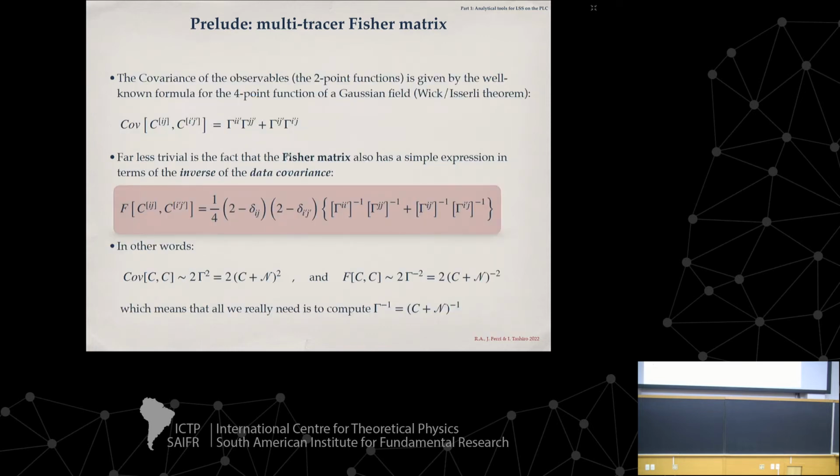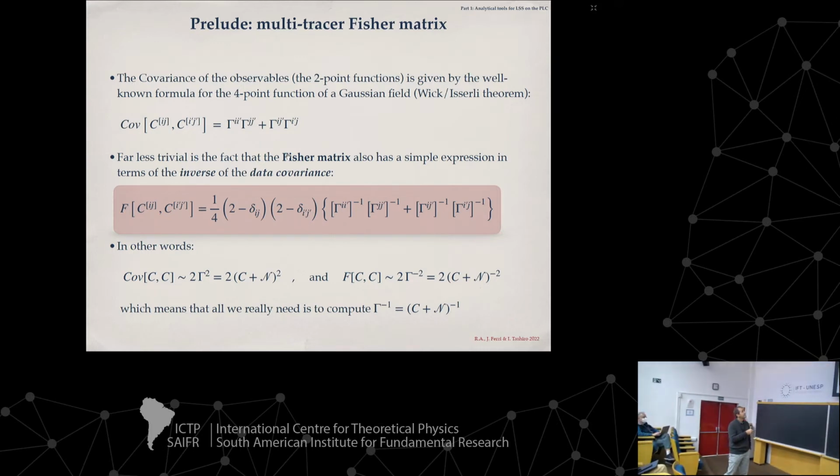And you can actually compute the covariance of that correlation function, which is a trivial formula that most people have seen. So this is basically a 4-point function, which is given by the Wick theorem by this combination here in the Gaussian approximation. So this is basically the data covariance squared. So the covariance of the correlation function is the data covariance squared.